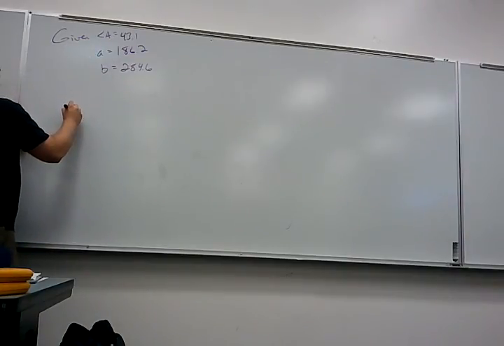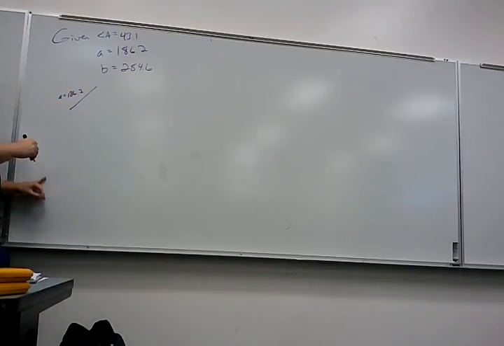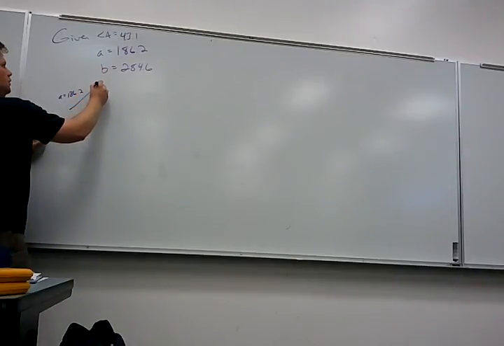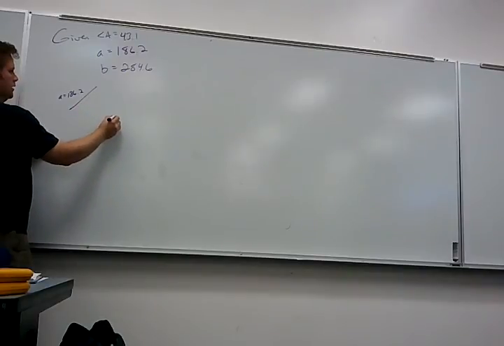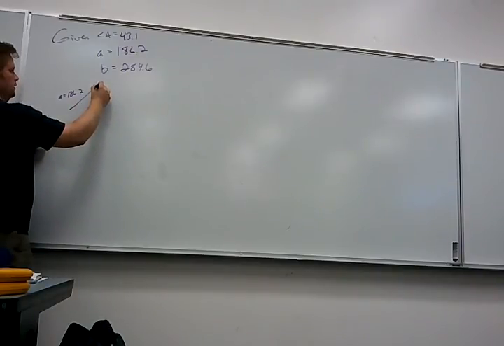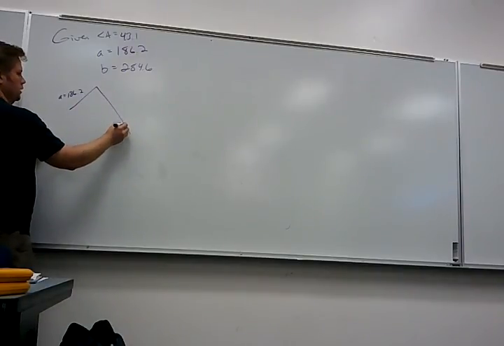Angle A is 43, so let's first draw. A is 186.2. B is 284.6. And angle A is going to be down here. We're at the base of B, so B just has to be bigger, and then angle A is here.